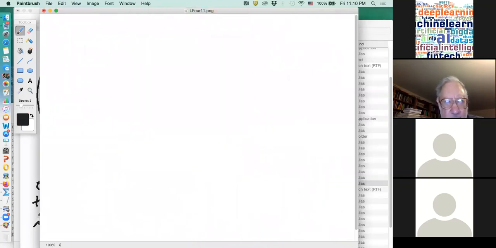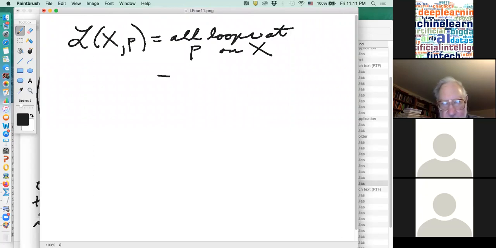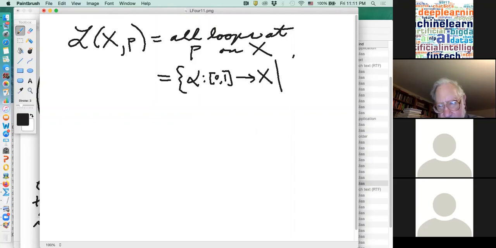So I start with L of X at P, which is equal to all loops at P on X, which is equal to the set of all alpha taking the unit interval into X such that alpha of 0 is equal to alpha of 1.